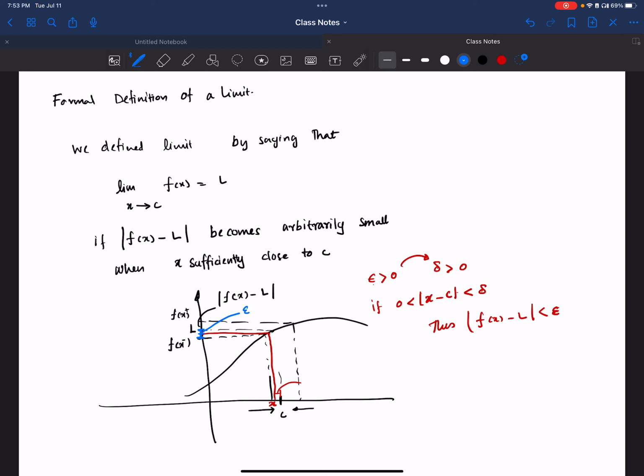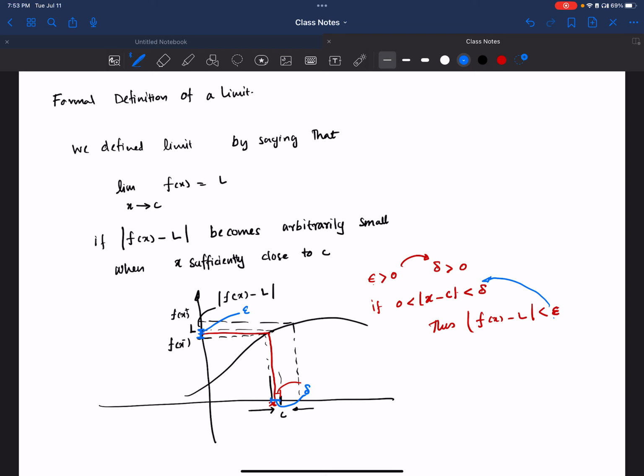Corresponding to that, you have some delta, which is the distance between that arbitrary x and c. So for any positive value of epsilon, you should be able to find a positive delta.